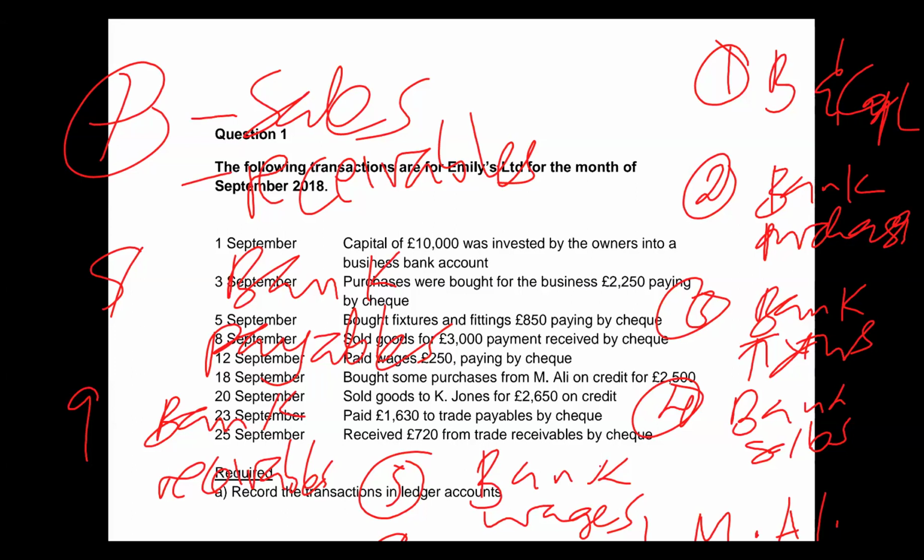Do we go for the trial balance now? Yeah, we go for the trial balance. Start balancing the trial balance. So now, this is where we need to go to the trial balance. How do we do it on the trial balance?